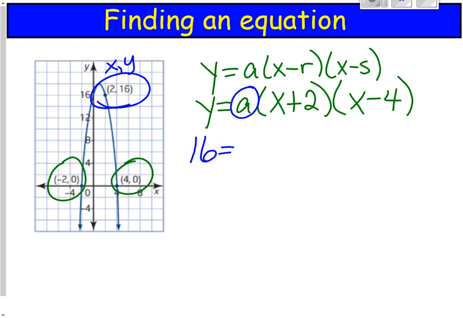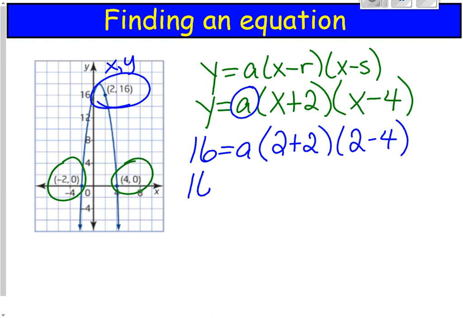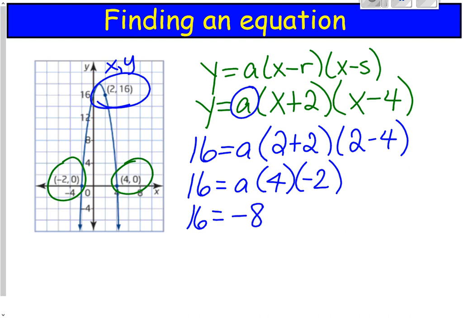So that gives me 16 equals a, bracket, 2 plus 2, 2 minus 4. 16 is equal to a times 4 times -2. Well, 4 times -2 is -8. And then let's divide each side by -8, which gives me -2.